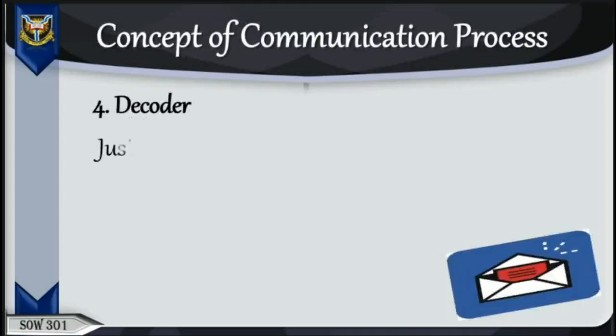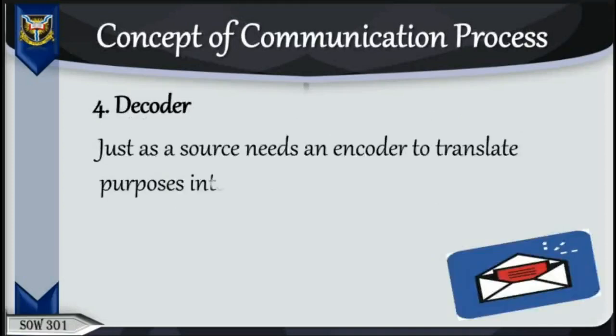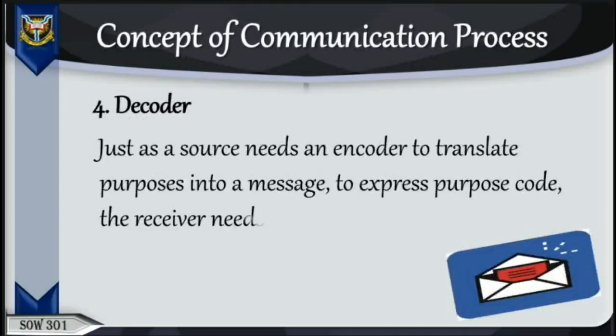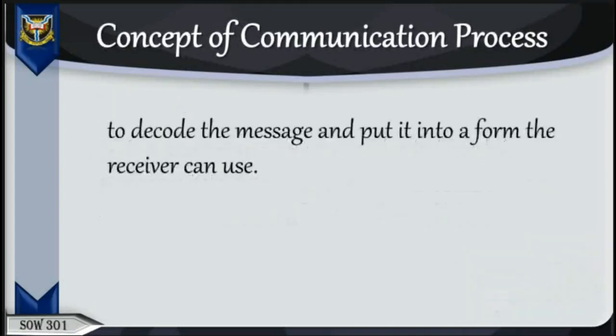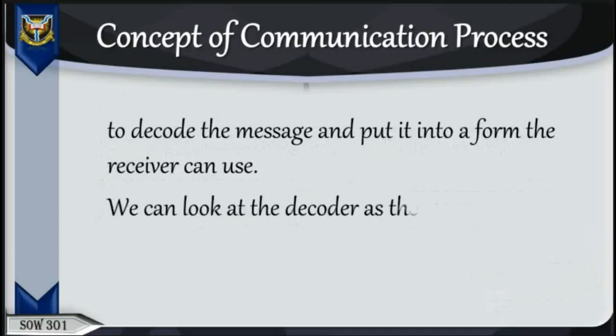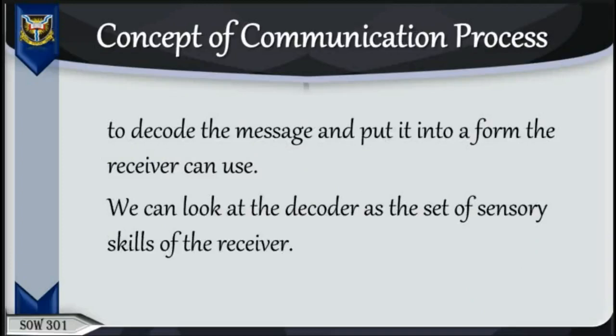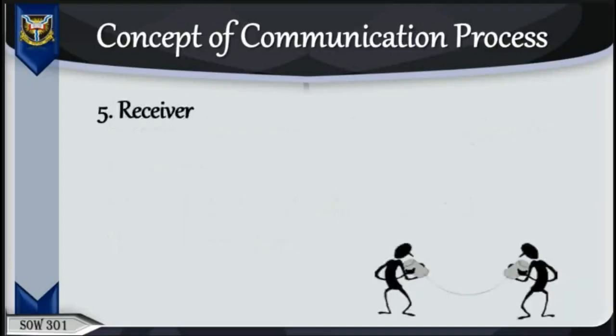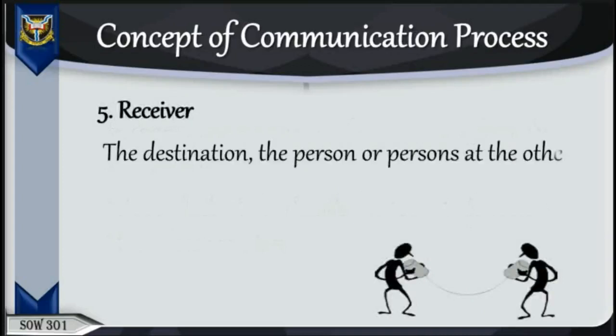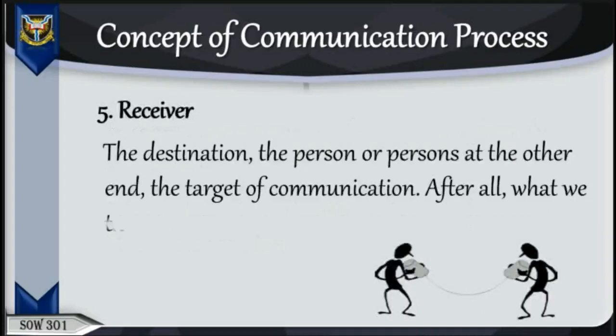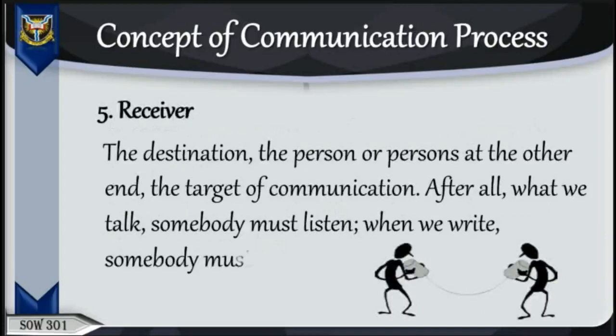Decoder. Just as a source needs an encoder to translate purposes into a message to express purpose in code, the receiver needs a decoder to retranslate, to decode the message and put it into a form that the receiver can use. We can look at the decoder as the set of sensory skills of the receiver. Receiver: the destination, the person or persons at the other end, the target of communication.